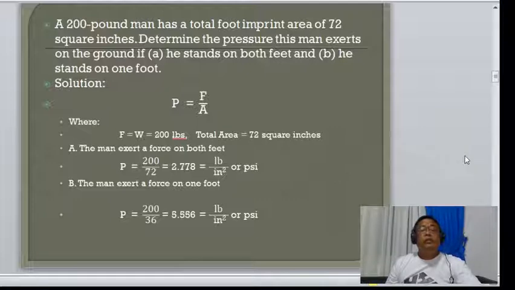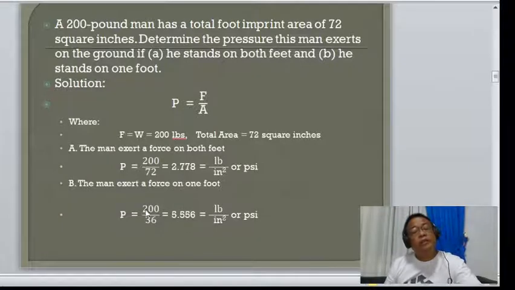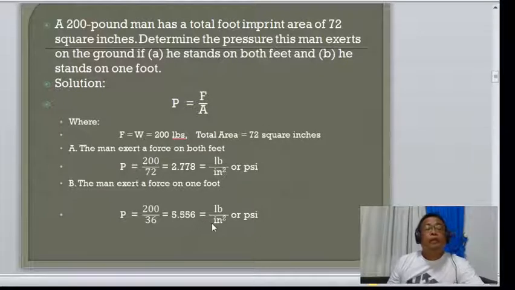The second condition is when the man exerts a force on 1 foot only. Meaning the 72 square inches total area may be divided into two. If we substitute that, 200 divided by 72 divided by 2, which is 36, we get a pressure of 5.56 pound per square inch.